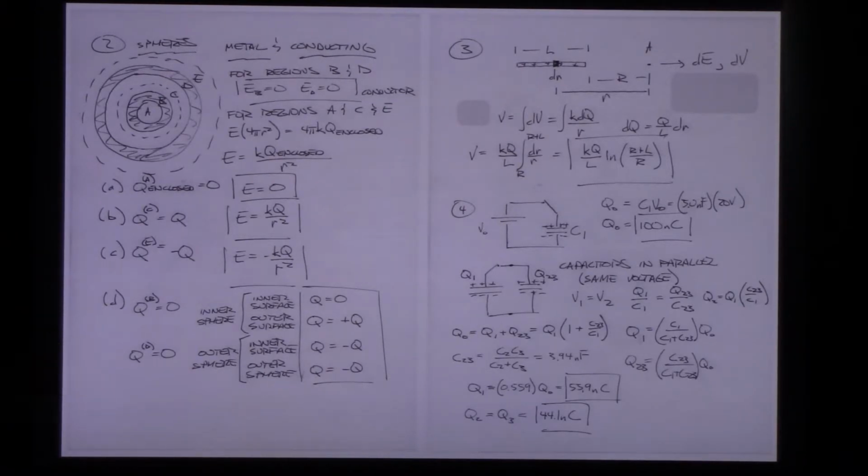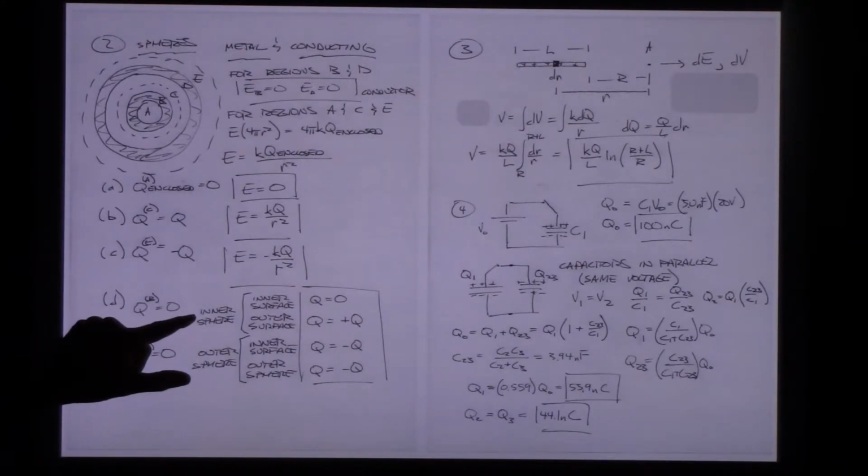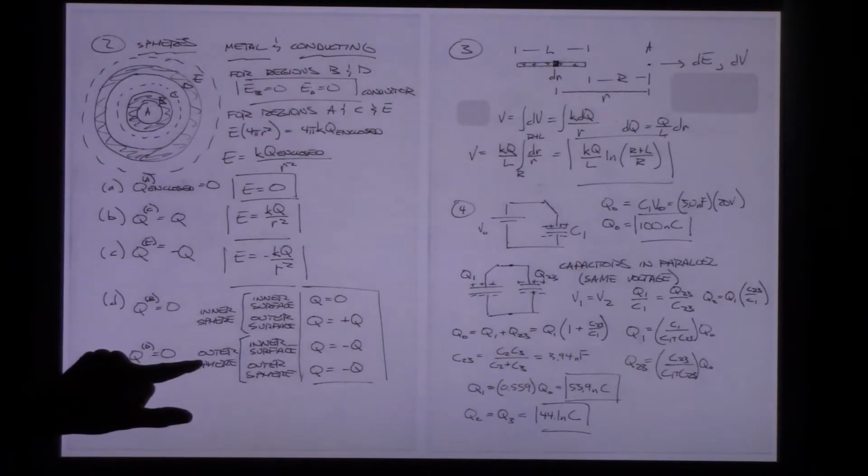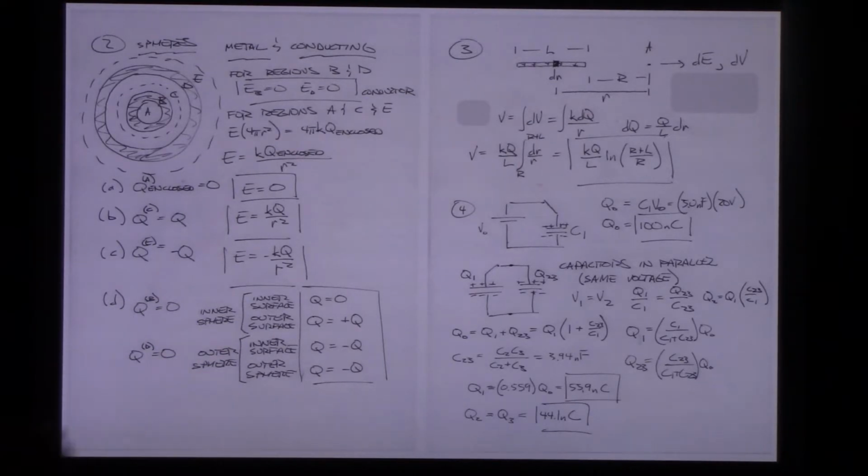Now in part D, it says determine where the charge is located. Because it's a conductor, we can think of that inner sphere, I'll call it sphere 1, and the outer sphere, I'll call that sphere 2. They each have an inner and an outer surface. Now, what we can say is, if I'm inside the conductor, the electric field is going to be equal to 0.